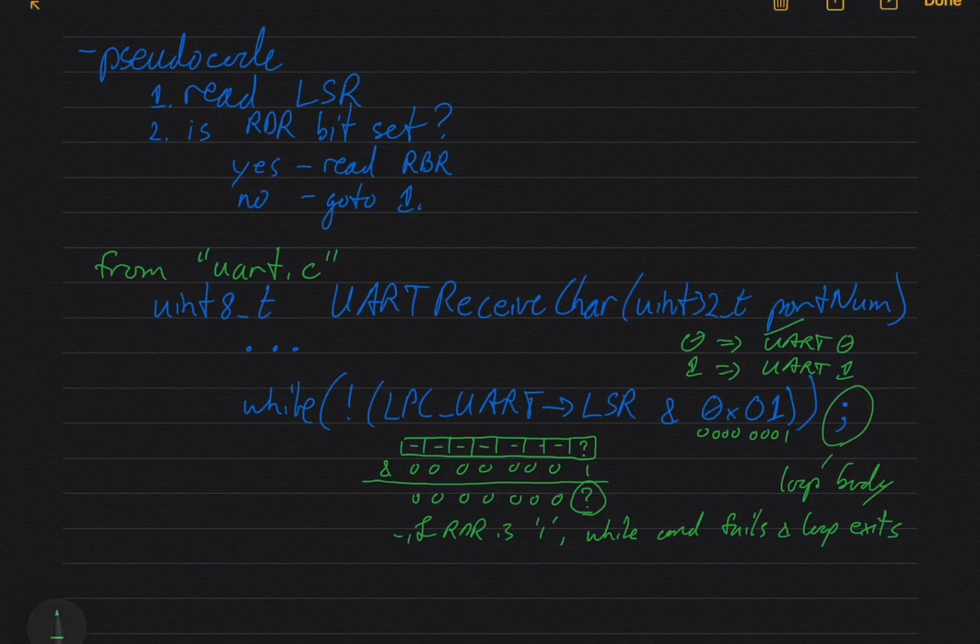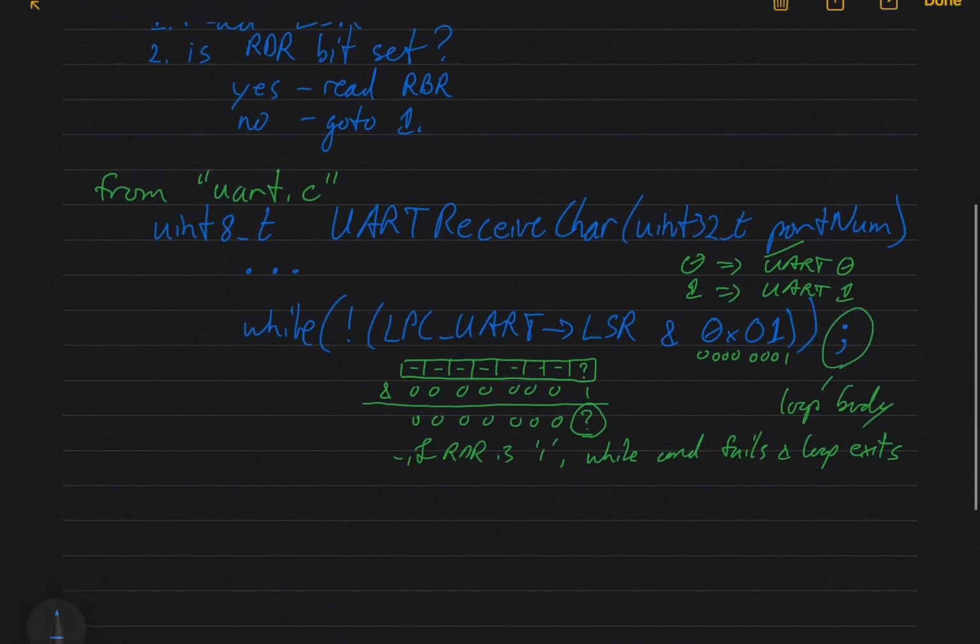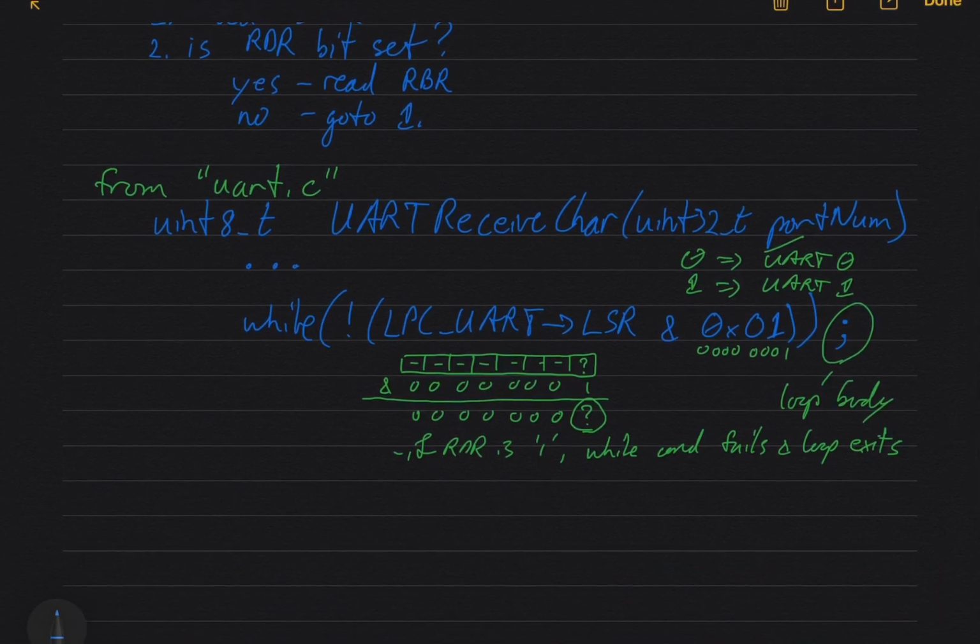Okay, so that is the polling loop right there, and then this function wants to return the byte that was just received over the serial port, and to do that it has a second statement, return. This is in brackets. It doesn't need to be, but that's just the way the code is in that file that you use in the projects. So LPC_UART arrow RBR. That's the data register. That's where the byte will reside that's just been received.